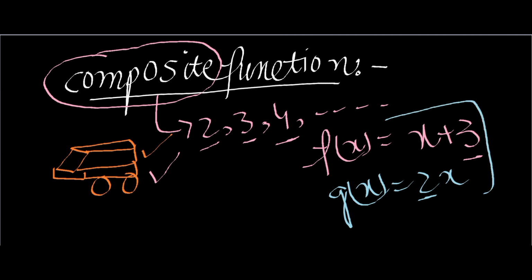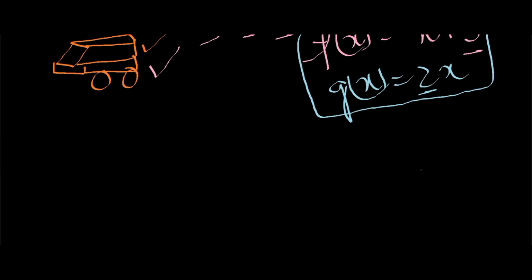I can combine these two functions, and the moment I combine them, it becomes a composite function. So how can I combine them? This is a basic notation we use very often in mathematics.